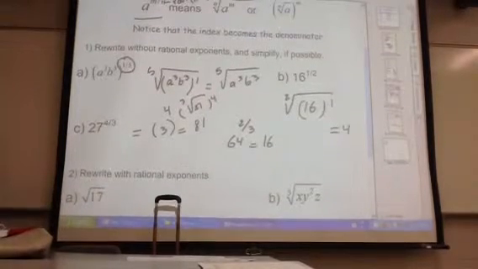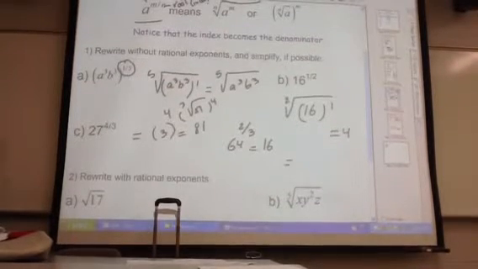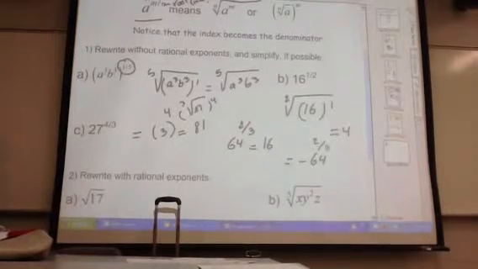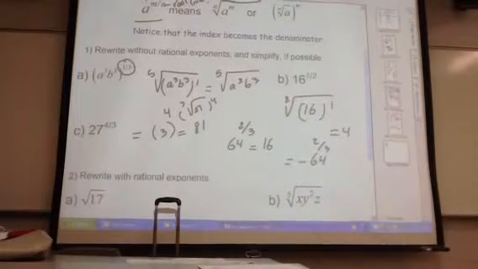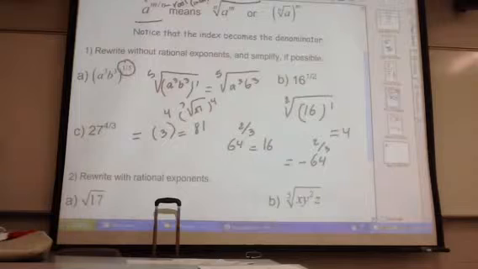There is a tricky question on that. Is this: if I give you negative 64 to the power of 2/3, is this the same as that one? No. What is to the power of 2/3? Just 64, not negative.